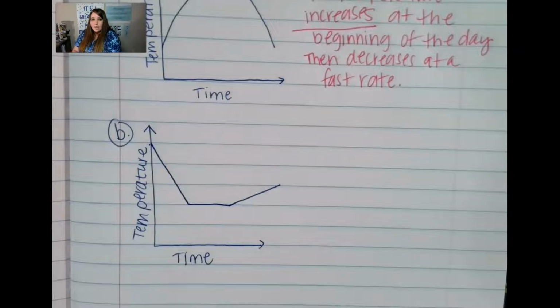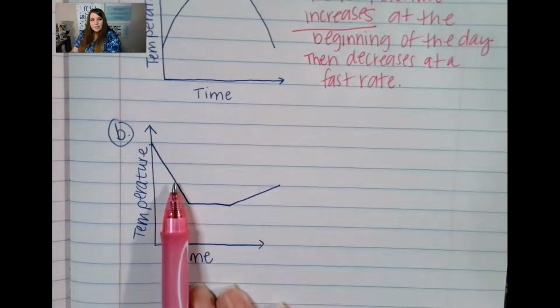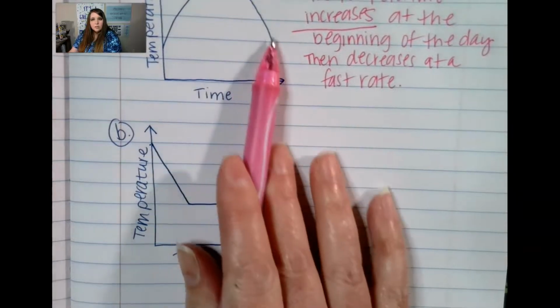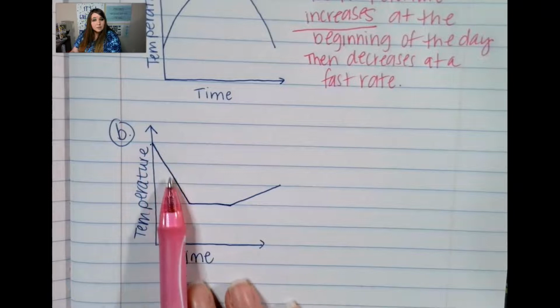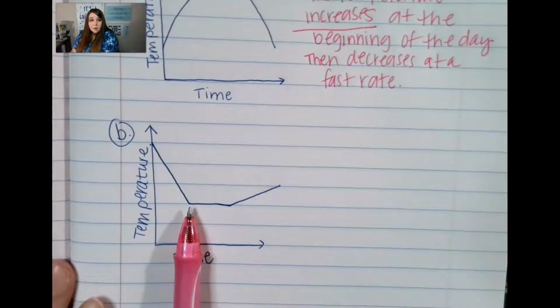So also, what's different between this graph here and this graph here is that the decrease is constant. This one was really fast. So this one, you can tell it's constant because look, it's a straight line and it has the same slope. So here's where that slope is going to come into play that we learned about.